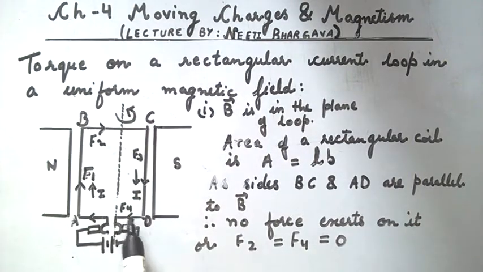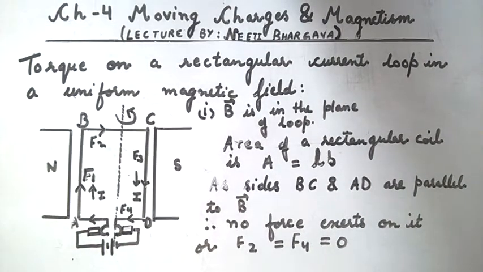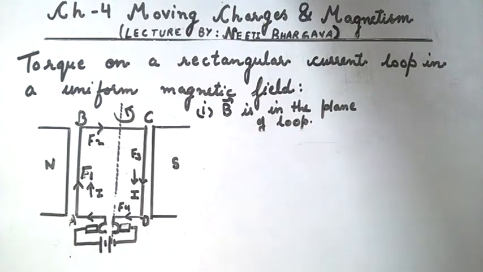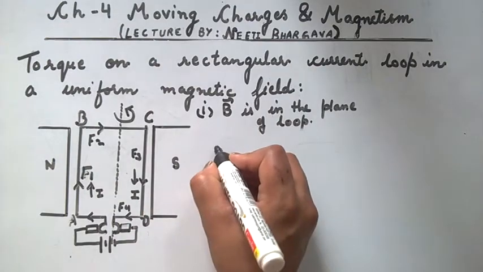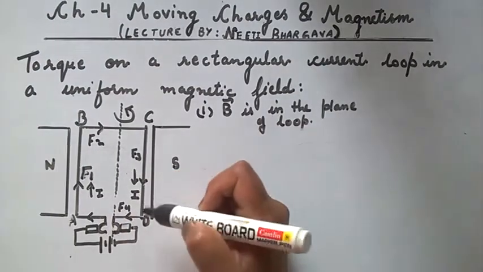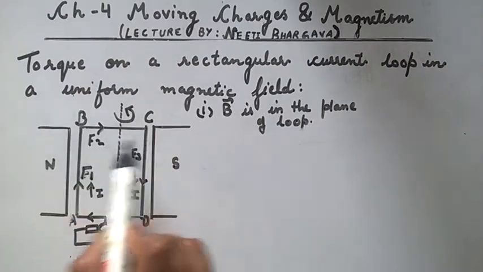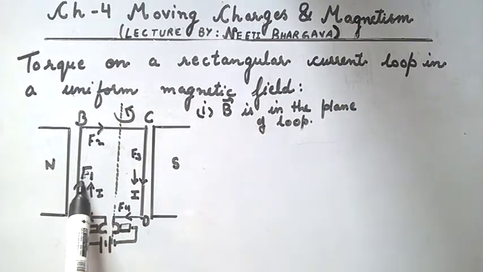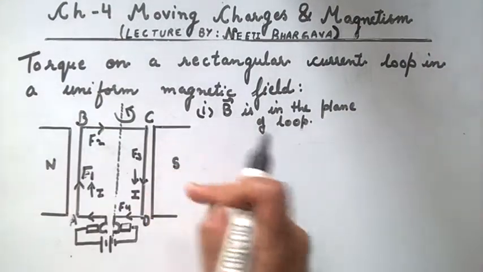Now let's study the forces F1 and F3. Sides AB and CD are perpendicular to the magnetic lines of force. Thus the magnetic field will exert force on sides AB and CD.